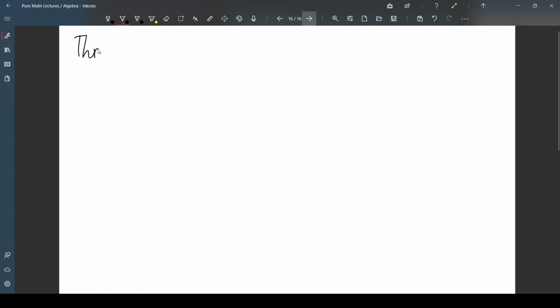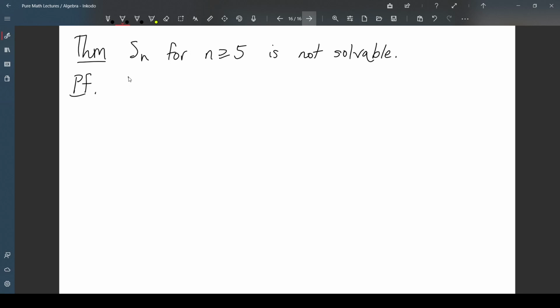So now we get our theorem, which is that S sub n for n greater than or equal to 5 is not solvable. And the proof: obviously, S sub n contains all 3-cycles.